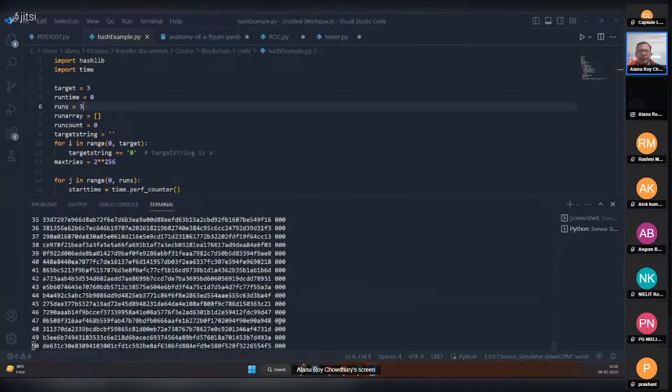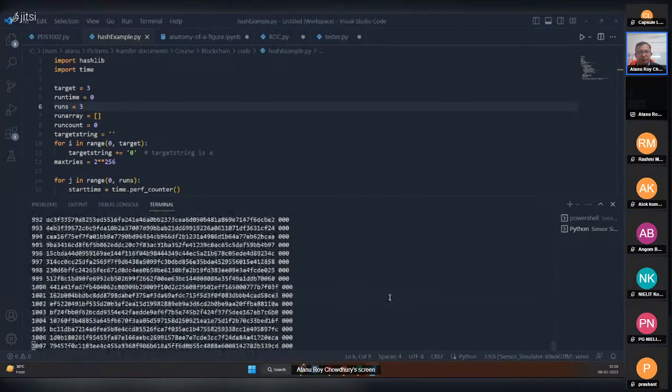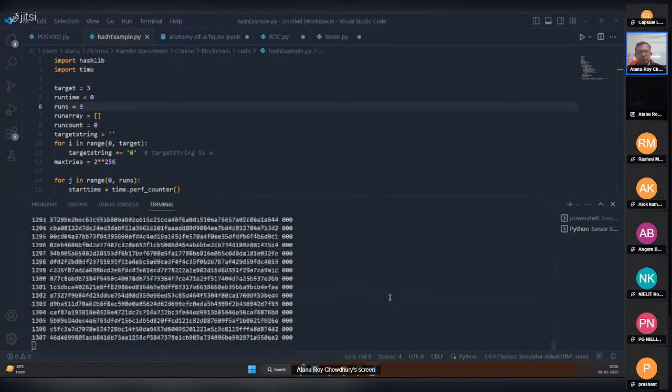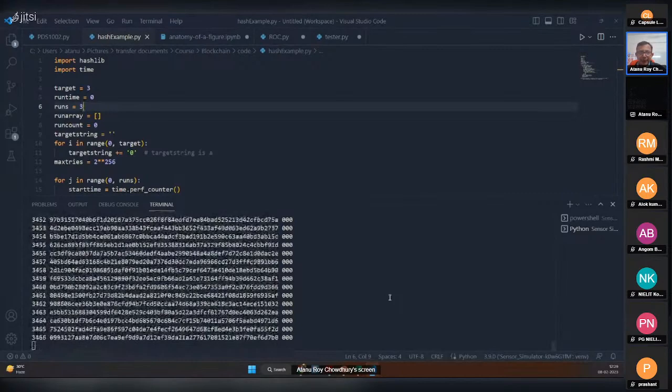And here again, what you can see is I'm searching with the pattern so that it begins with 000. And I think we can all conclude that it does not stop in 1.2 seconds anymore.